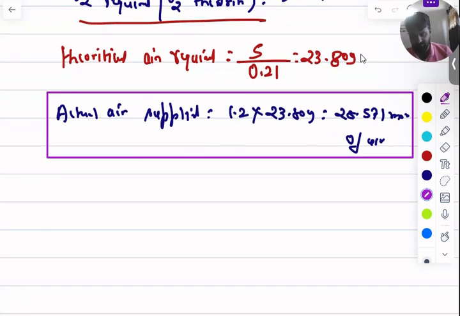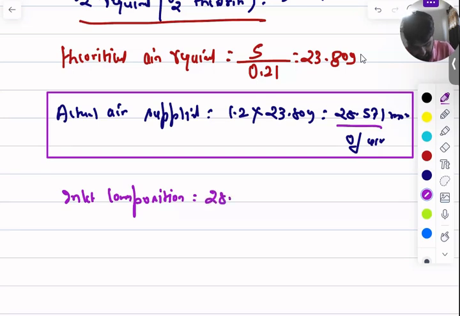Now, what is the inlet composition? So air is there, that much amount of air is there, 28.571, multiplied with 0.21. Is that clear? So just try to calculate this and tell me how much oxygen is there. So I think once you multiply these things, you will be getting 5.991.